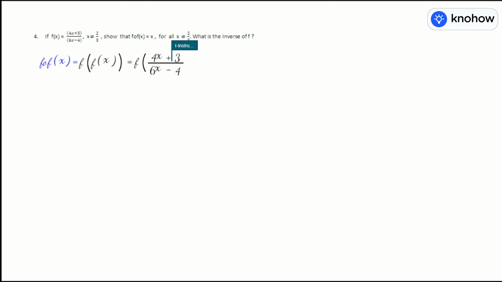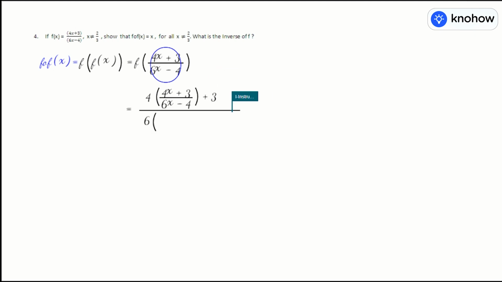Now what do you mean by f of it? Again, in the same definition of f(x), you replace x by this. So it will be 4 times, what in place of x? The same (4x plus 3) over (6x minus 4). So 4 times this plus 3 over 6 times the same, that is (4x plus 3) over (6x minus 4), minus 4.